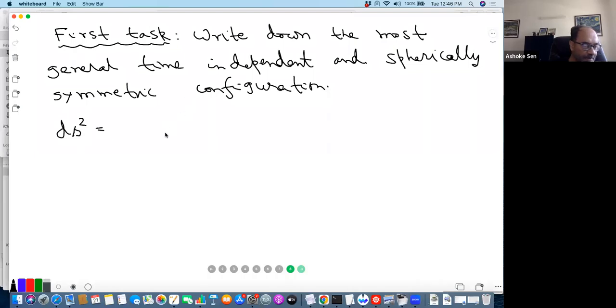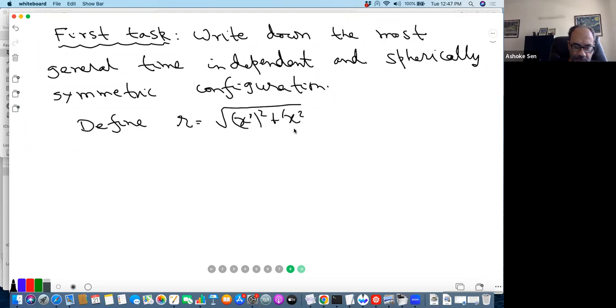So in the XY coordinate system, let me first define R. We define R as the square root of x1 square plus x2 square plus x3 square, just like we do in flat space time. This is not necessarily the radial distance or anything, because the metric can be complicated.